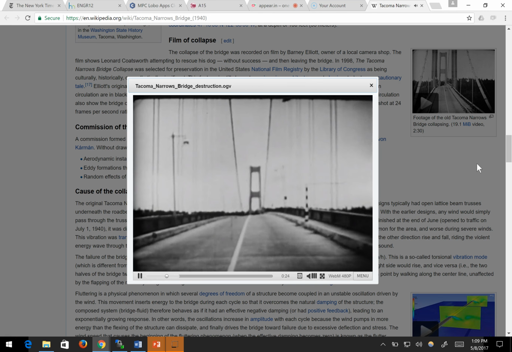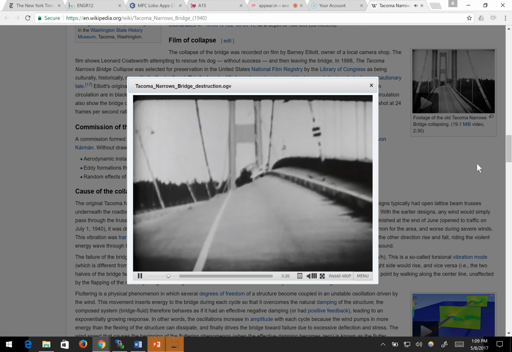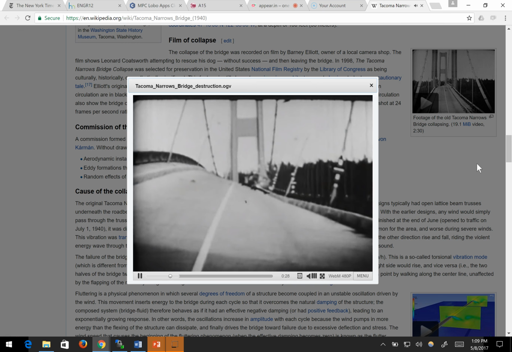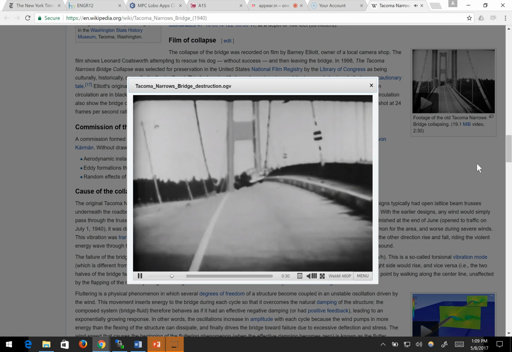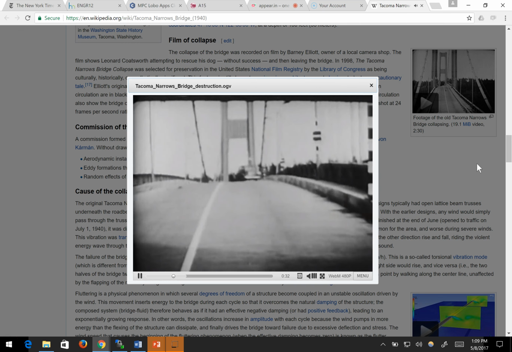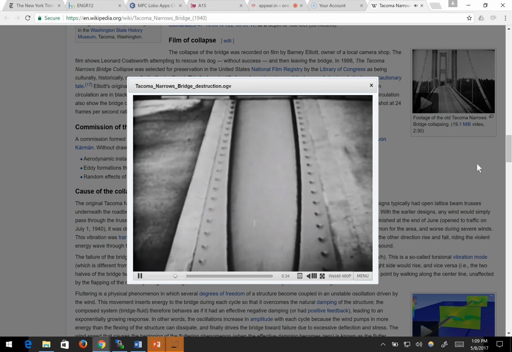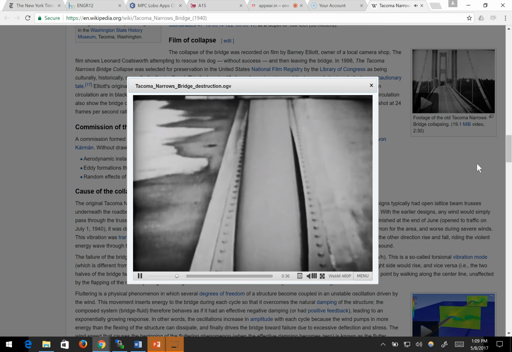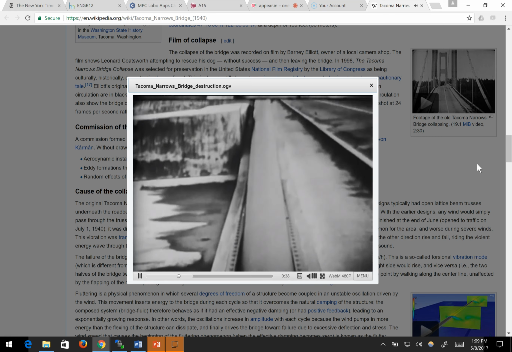A frightened dog was trapped in a car on the bridge after the owner had fled. They tried to rescue it, but the dog kept biting people because he was so freaked out. And the whole thing collapsed in the river.